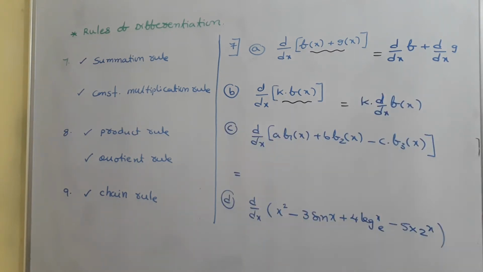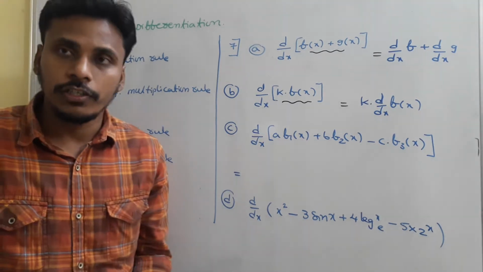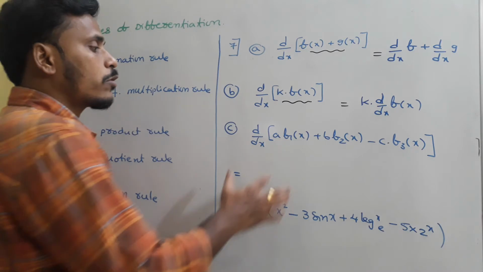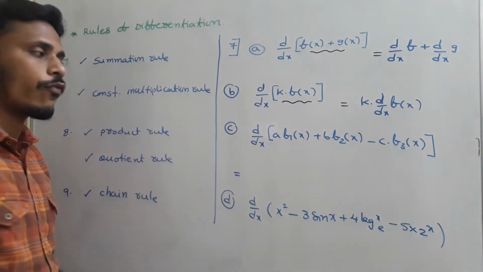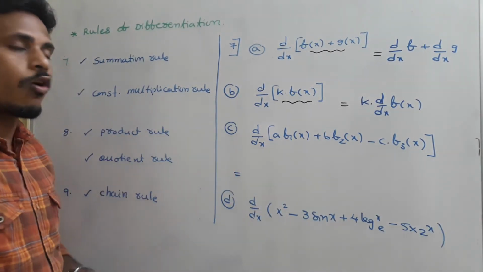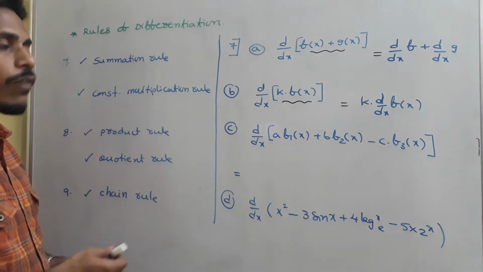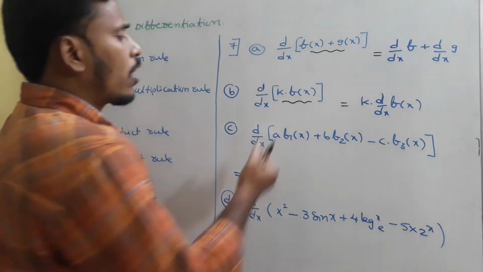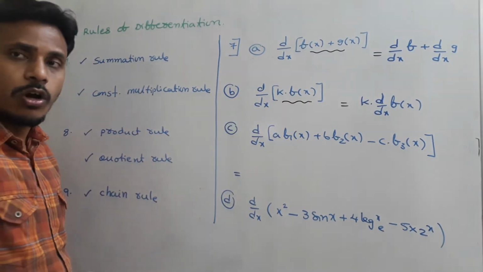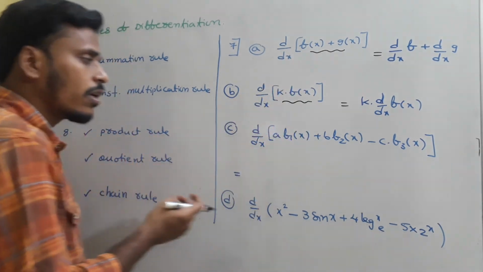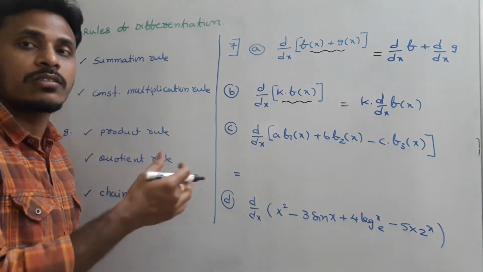By using the first rule and second rule, just extend those ideas for many functions, not only for 1 and 2. Suppose you have three functions like a into f1 of x plus b into f2 of x minus c into f3 of x. The second rule is suggesting to separate the constant, whereas the first rule is suggesting to easily apply the derivative on a sum of functions.